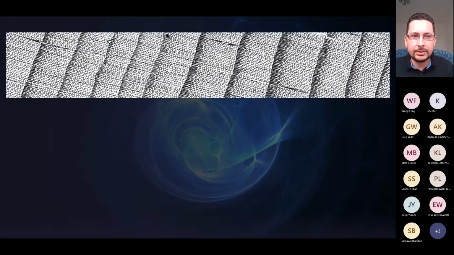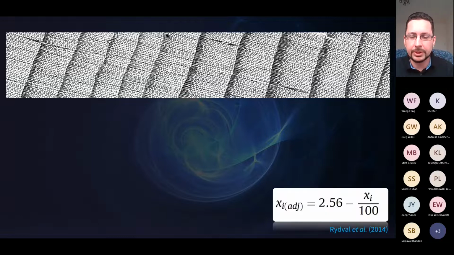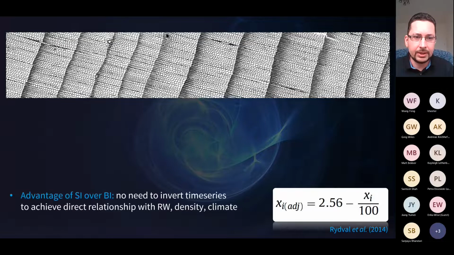Another neat thing is that when we have the binary image, rather than having to invert the data at a later stage, which we have to do one way or another when working with images used for blue intensity, we can just invert the image before calculating this surface intensity parameter.